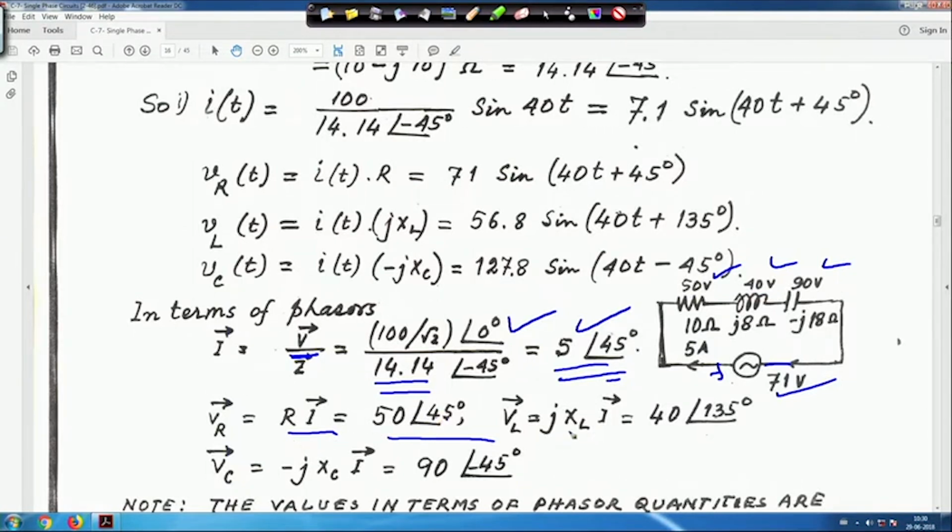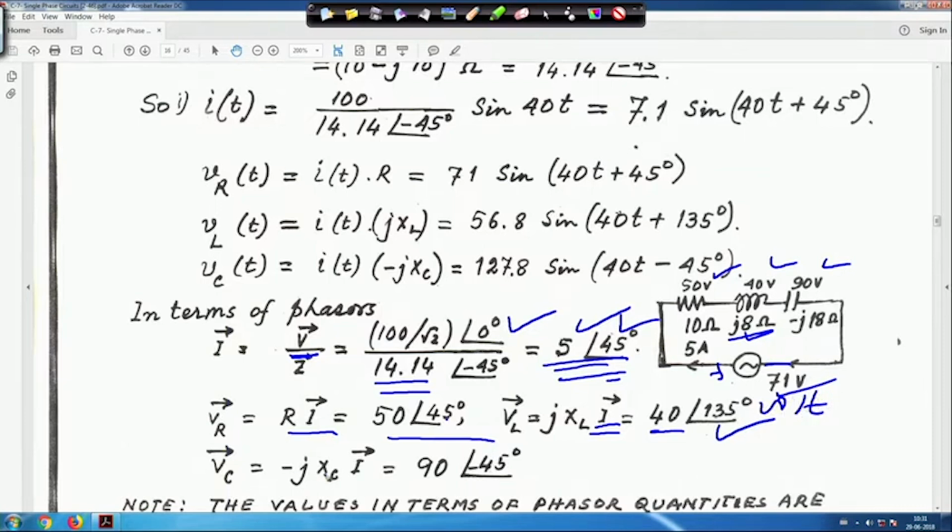Now VL is J into XL, so JXL into I is 5 angle 45 degree, and JXL means angle 90 degree. So 90 plus 45, 135 degree, multiplied by XL, which is 8 ohm as given. So it is 40 volt.